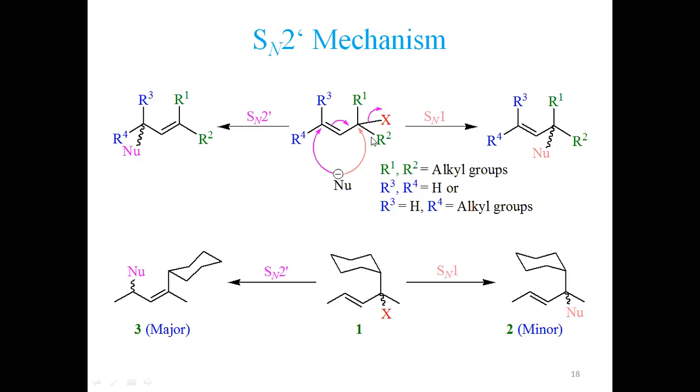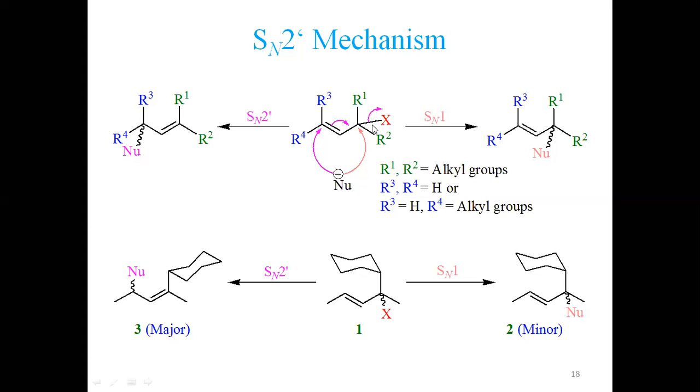It could be SN2 if it took place as a concerted mechanism, with the leaving group and nucleophile approaching or leaving the carbon at the same time. In this case, X is leaving first, and then the nucleophile is approaching. So it is definitely following SN1 mechanism.